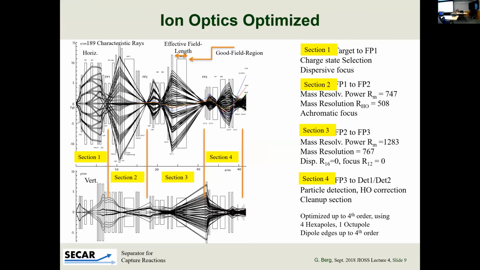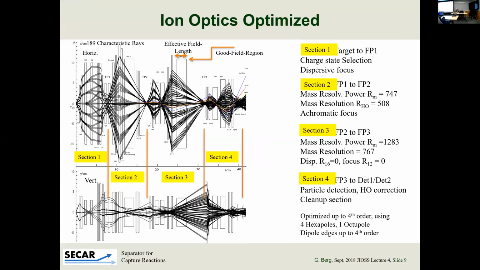Well, what Fernando has found, he's already playing with the latest version of COSI. What he has found is that the mass separation can actually be increased if you do not focus here. Now, from the design, I thought this is optimal, but that may not be true.